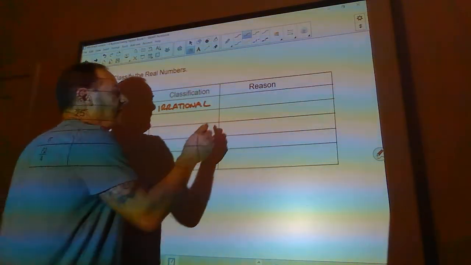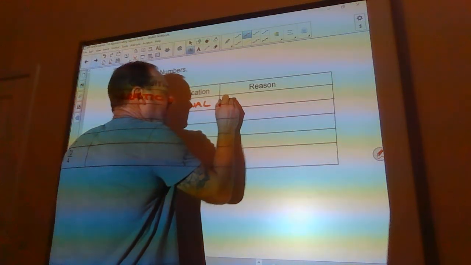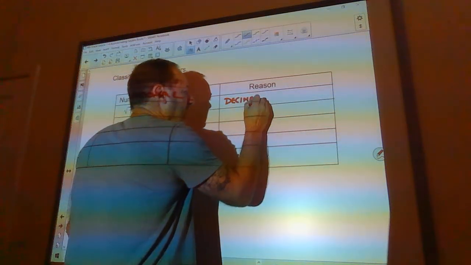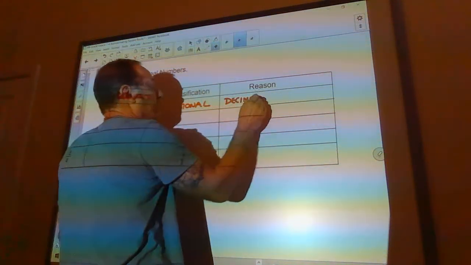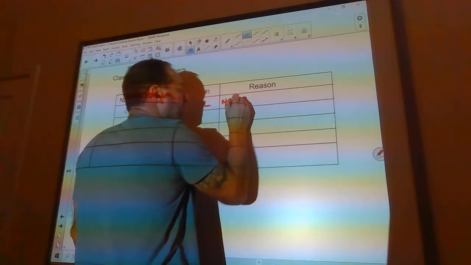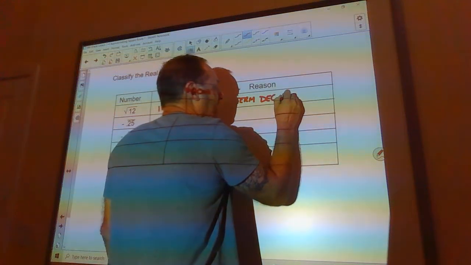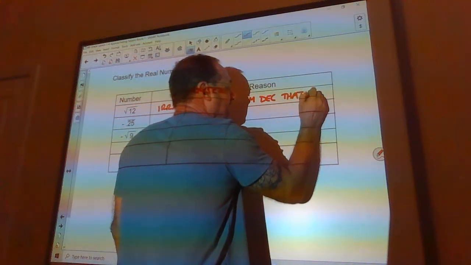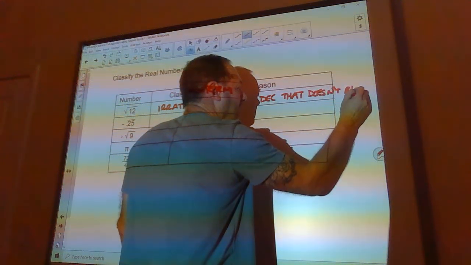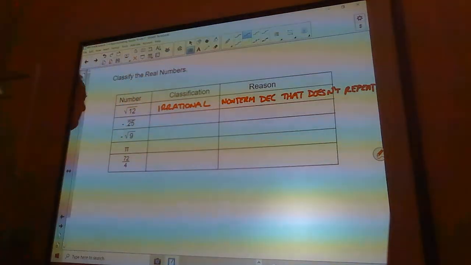It's not a perfect square, so it's a non-terminating decimal that doesn't repeat.